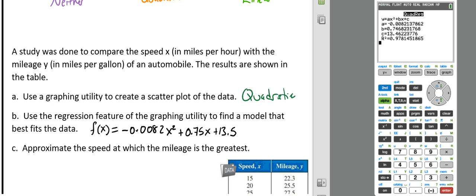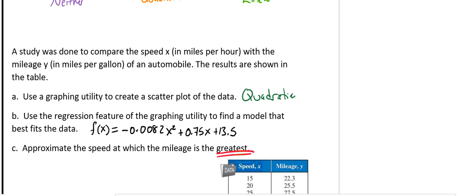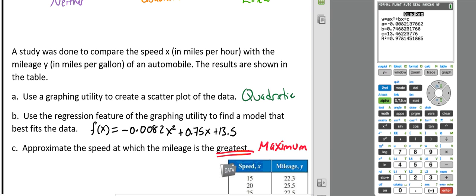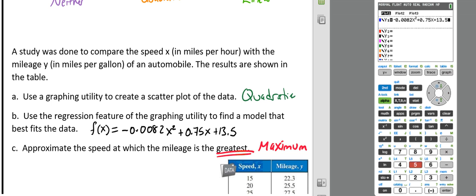Now it's asking us the approximate speed at which the mileage is the greatest. When it's talking about the greatest, what it's really referring to here is the maximum value. So we're going to calculate our maximum value. We're going to go into our y equals, and we're going to enter in our equation. And once we have that entered in, we're going to go ahead and hit graph.